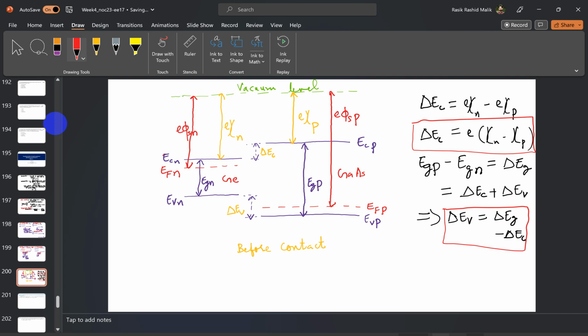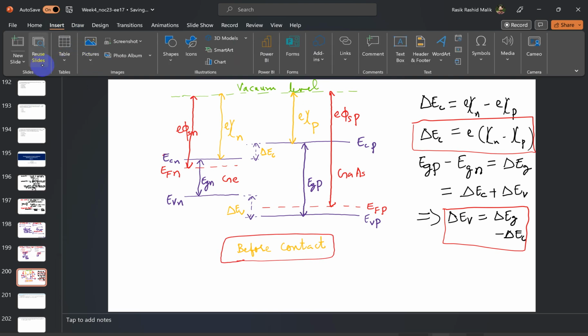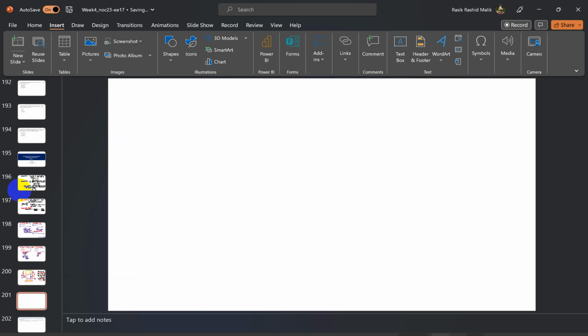Let me draw the band diagram in thermal equilibrium now. This was the case before contact. Now we will draw the case after contact, in thermal equilibrium.